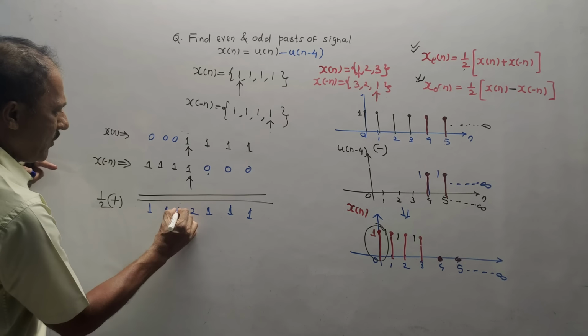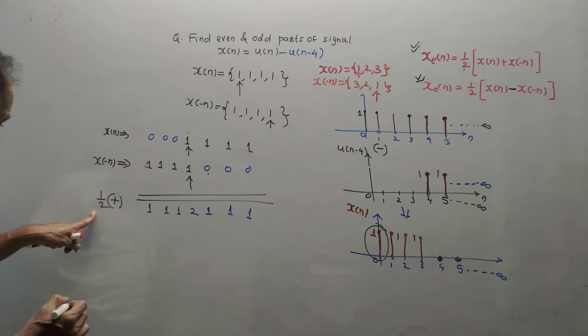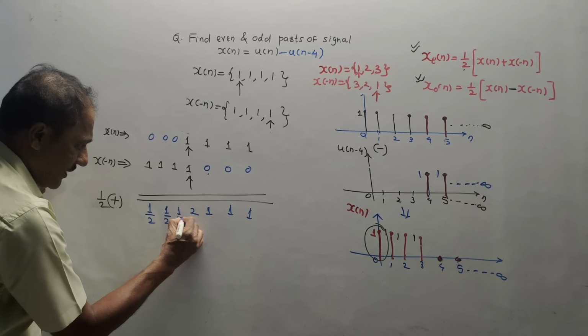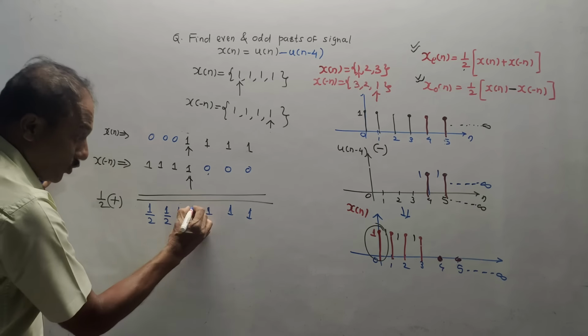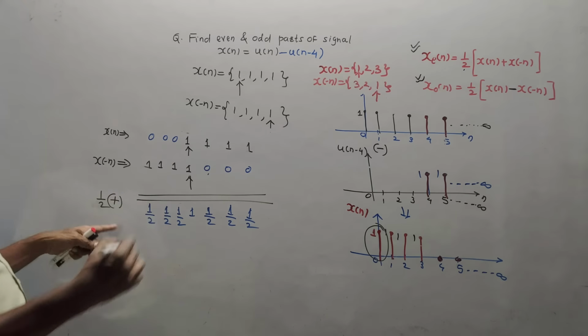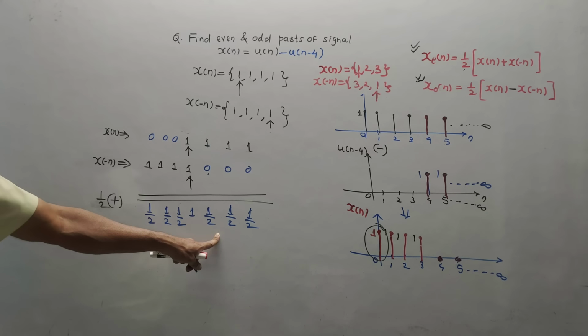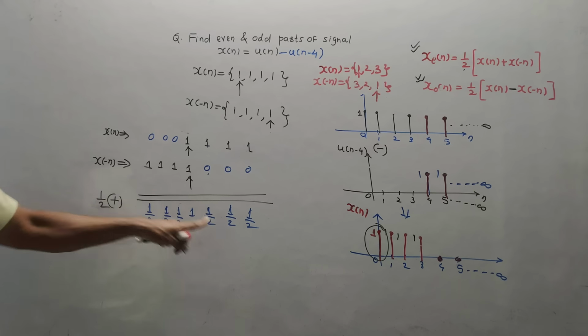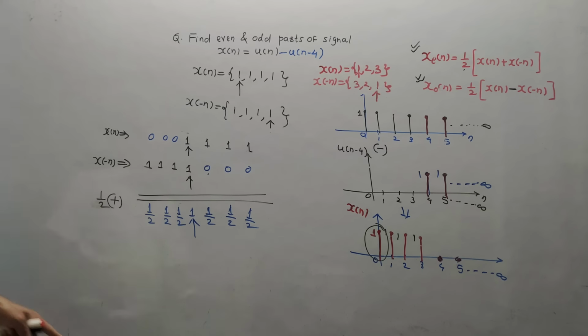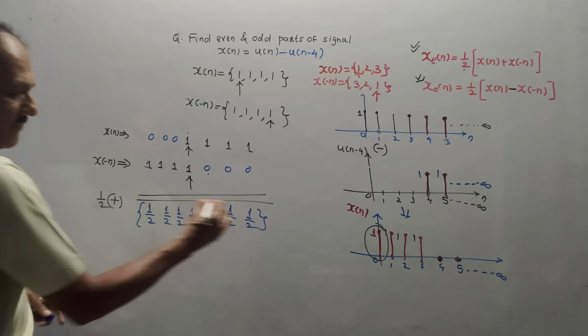But it is 1/2, so after performing addition, write the amplitudes like this: 1/2, 1/2, 1/2, 2 by 2 is 1, then again 1/2, 1/2, 1/2. This is the answer for the even part of the signal. By default, arrow will be here. You can write it as a sequence.